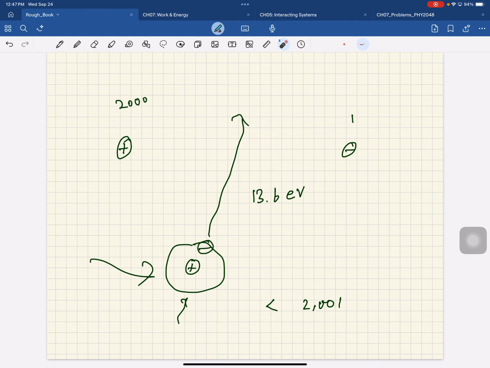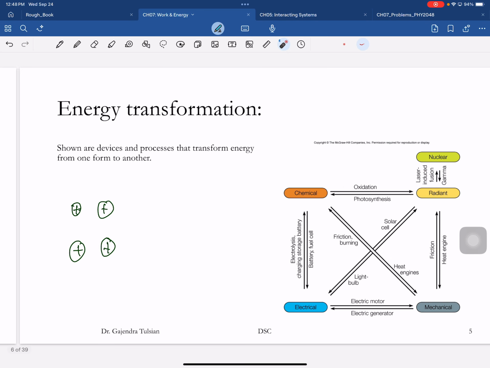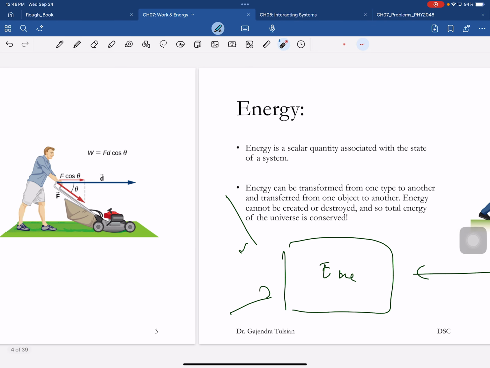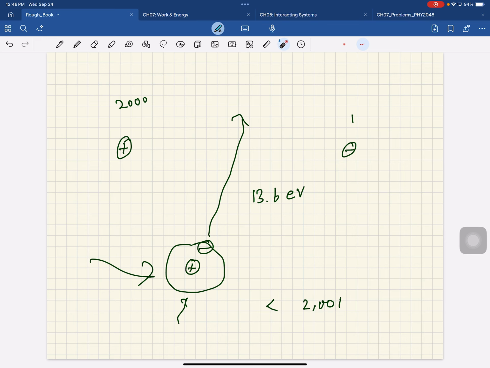And so there is an example of nuclear energy being converted to radiant energy. In a fusion reaction, we do the opposite. In laser-induced fusion, the input energy is laser energy, and then we get nuclear energy. Okay. So where were we?